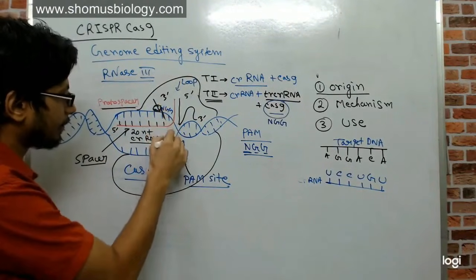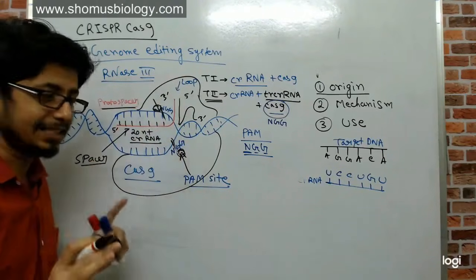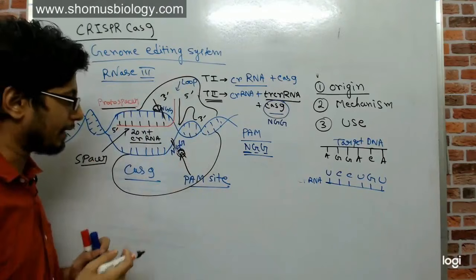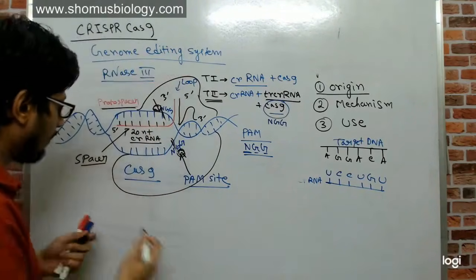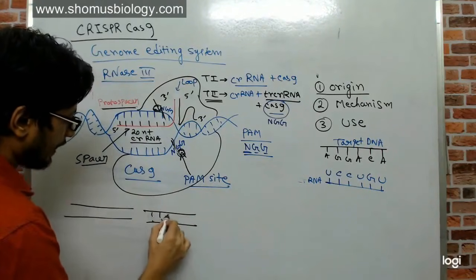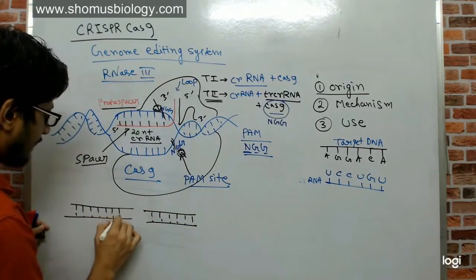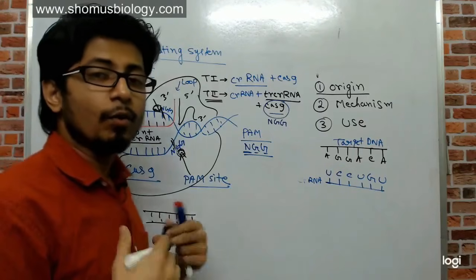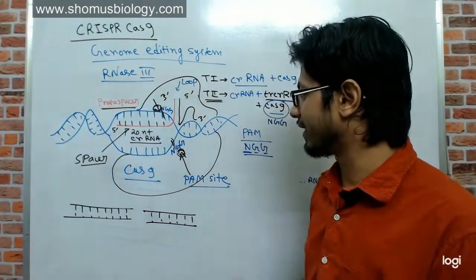The DNA cleavage will be done after the job of RNase 3, by the Cas9 at the PAM sites. As a result, we will have a double-stranded cleaved structure of the DNA. This is the mechanism of how CRISPR-Cas9 works together, sometimes along with the tracrRNA as well.